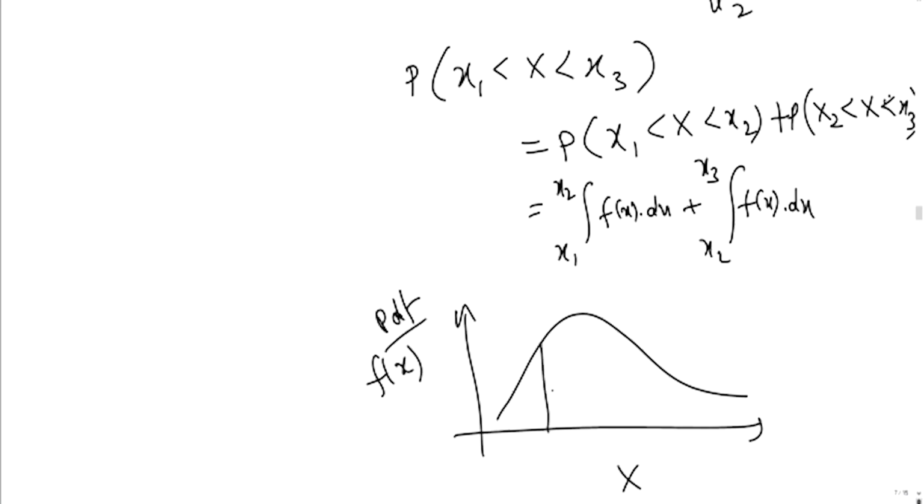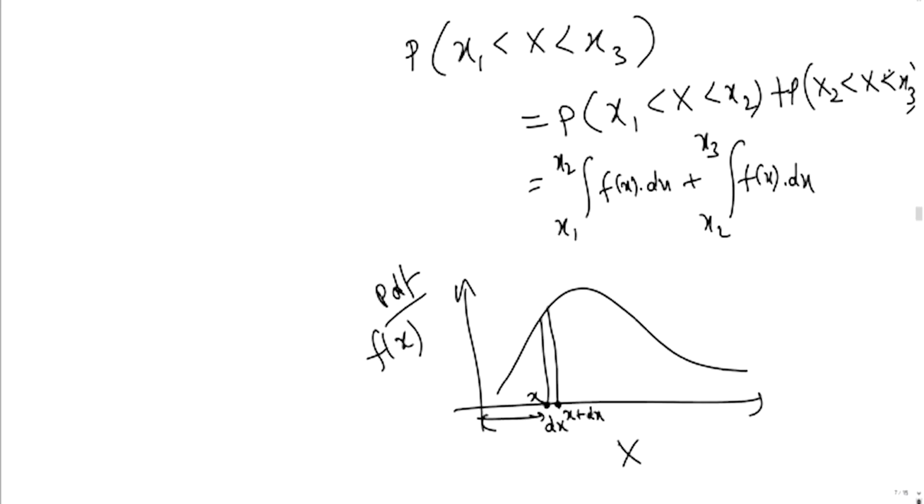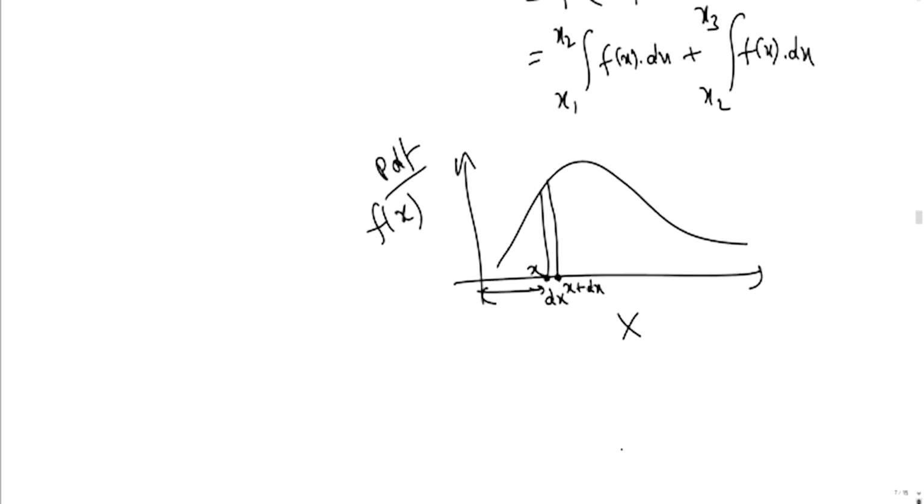So if we take such small segments of width dx, and the point here is x and the point there is x plus dx, the height of this segment would be f of x and the width is dx. So that is the area of this particular segment, right?